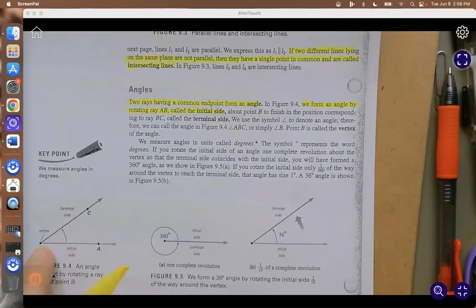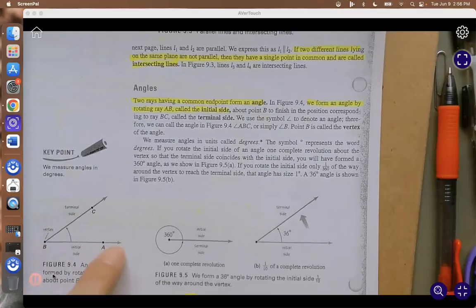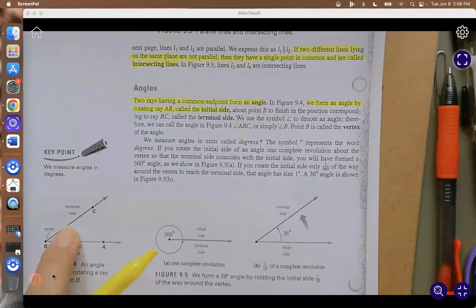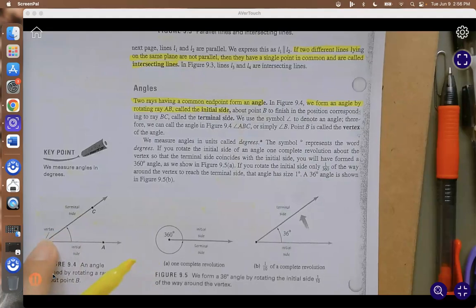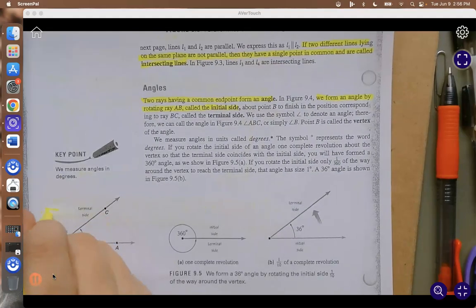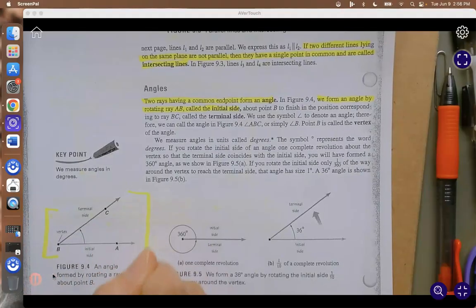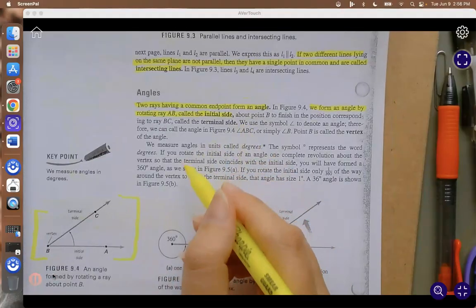No, it's really just one ray that moves. So it starts here and it ends here. We have an initial side where it starts, a terminal side where it ends, and then your vertex is the point about which it rotates. I'm just going to block this off so you can visualize that.